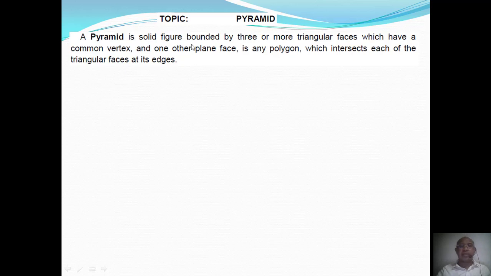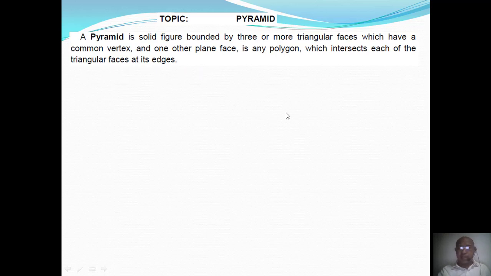Okay, next we have the pyramid. So the pyramid is a solid figure bounded by 3 or more triangular faces which have a common vertex, and one other plane face, any polygon, which intersects each of the triangular faces at its edges.